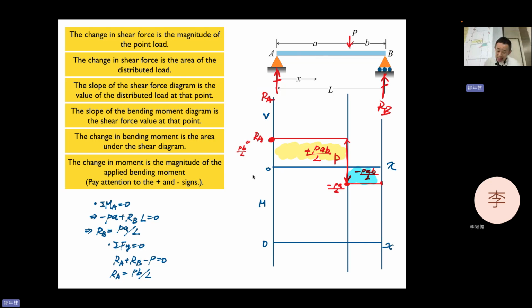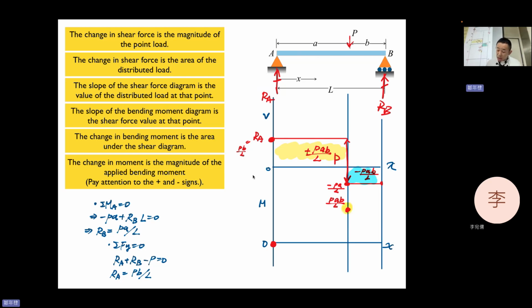So you see, the change of the moment diagram is the area of the shear diagram. If we start from 0, the change of the value of the moment will be the yellow value PAB divided by L. So this is the yellow point, right?